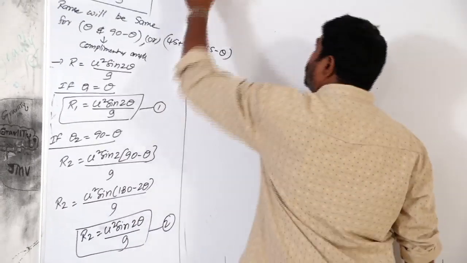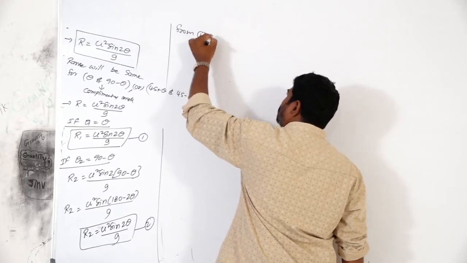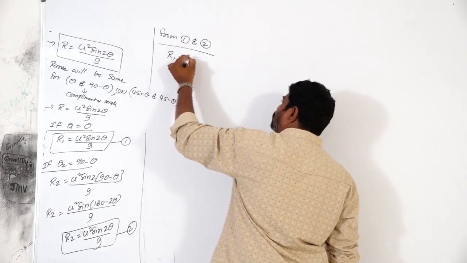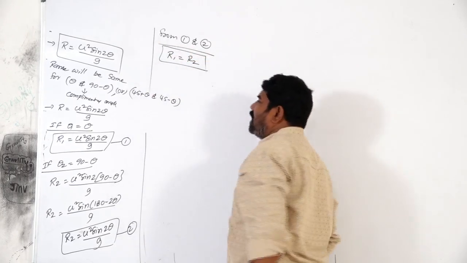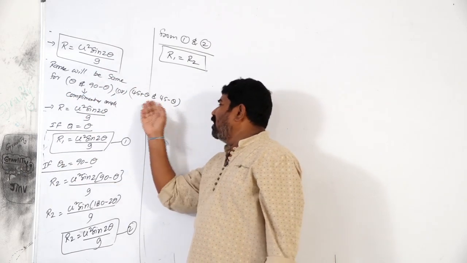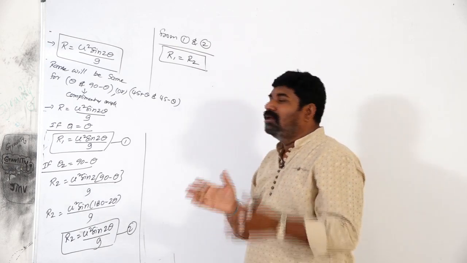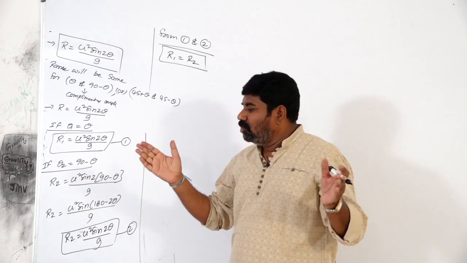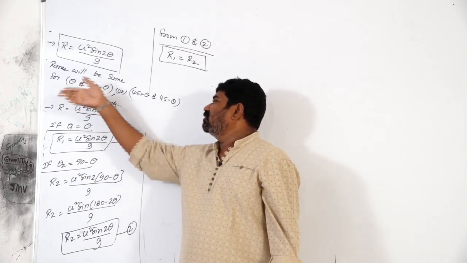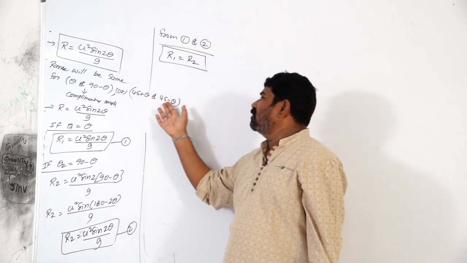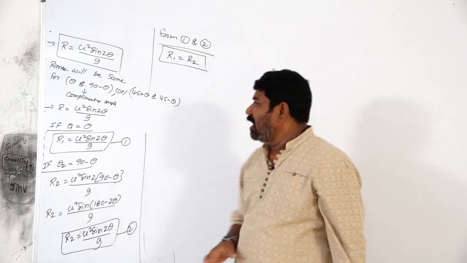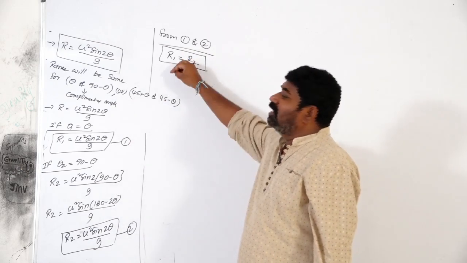From 1 and 2, R1 is equal to R2. That means for complementary angles, theta and 90 minus theta, or 45 plus theta and 45 minus theta, the range is the same. Complementary angles are those which, when added, give 90 degrees. Theta and 90 minus theta add to 90, and 45 plus theta and 45 minus theta add to 90.